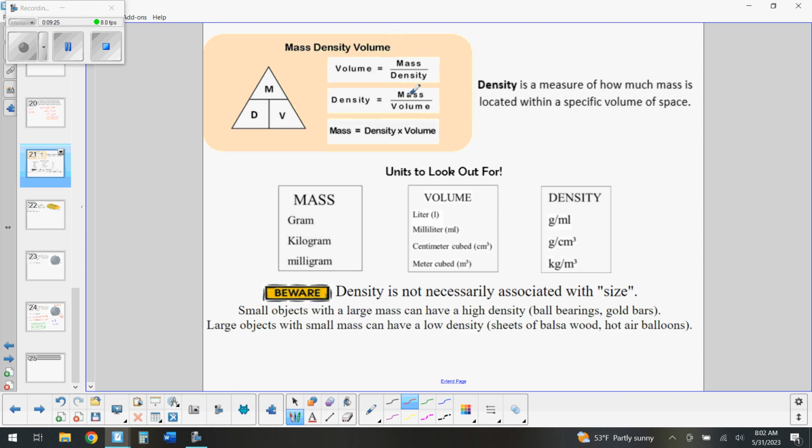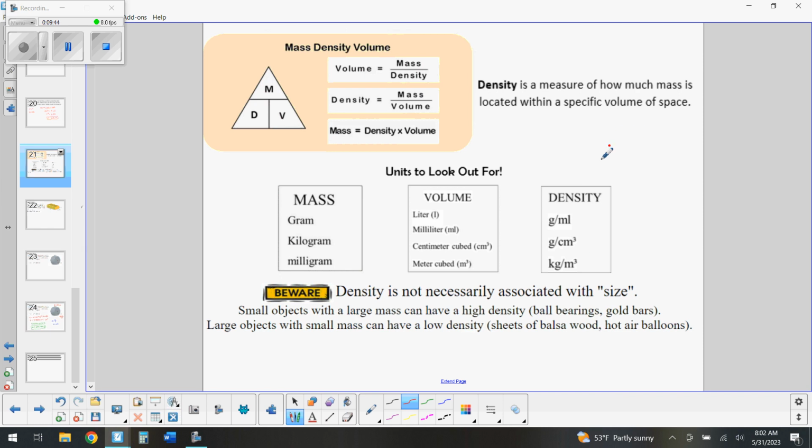So we have three different formulas. I will generally start with the fact that density equals mass over volume, and then I'll convert it to one of the other two depending on what I'm looking at, because I know density is usually listed as something over something else. So the example here is grams over cubic centimeters.